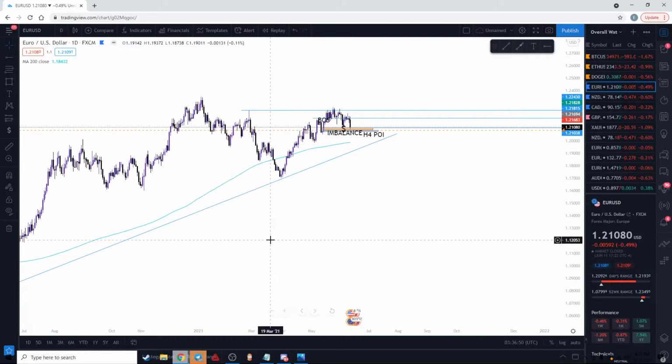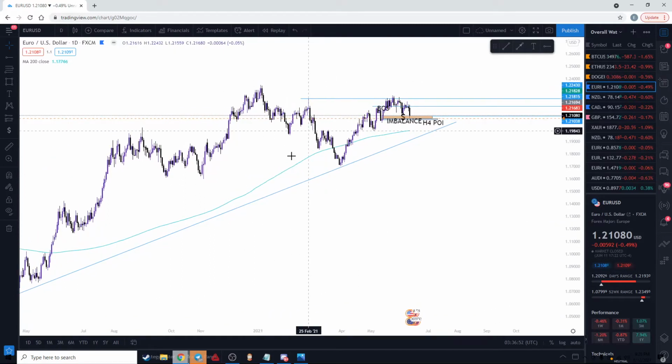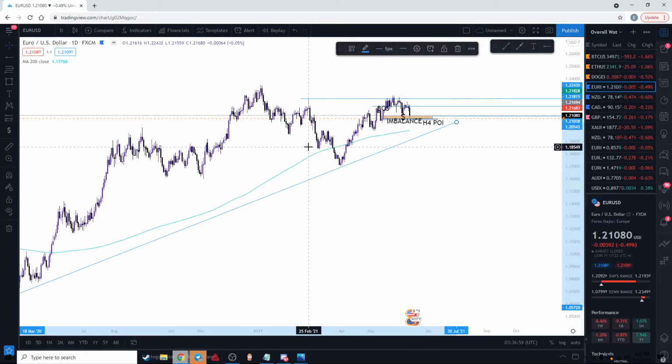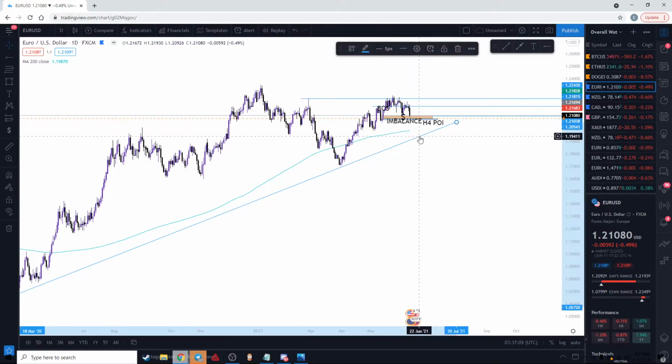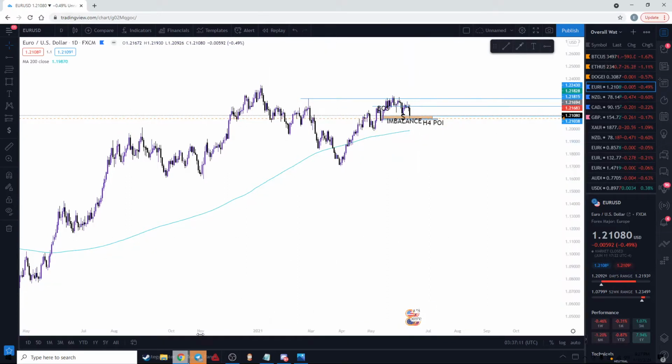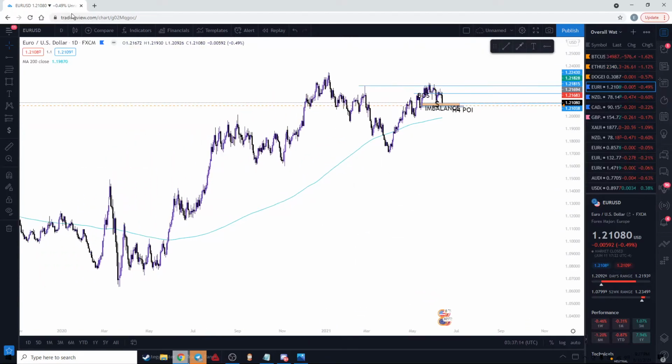I know these past few months have been pretty bearish for EU, but now it looks like we've been forming a bullish trend, and I'm really hoping that continues, and I don't see any reason why it wouldn't, right? So that's the first step for me, just identifying a directional bias.